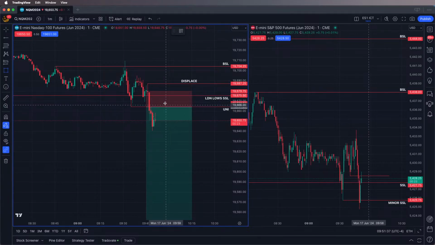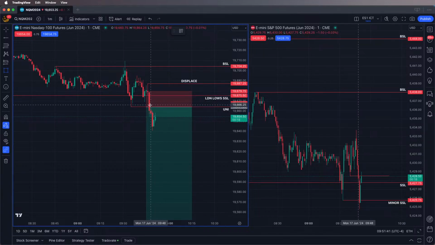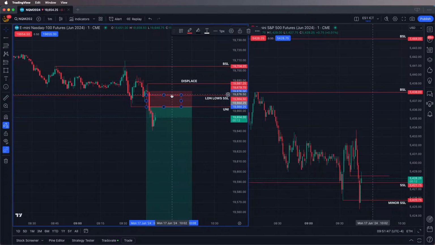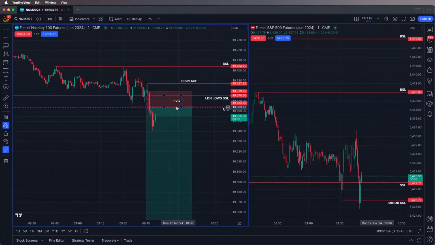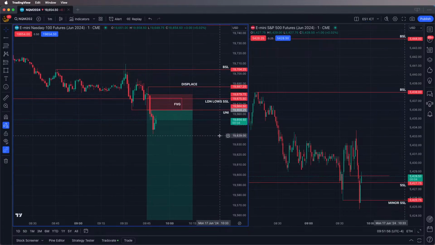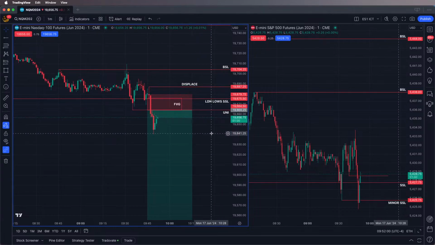Because we have not seen a displacement higher. And we also got a unicorn setup to go short on ES at the same time as well. And we're inside of the macro too. But if we see a very strong displacement higher and it runs through this bearish gap, then that would be a clean setup to go long. But that's why I want to see how it respects this bearish gap.